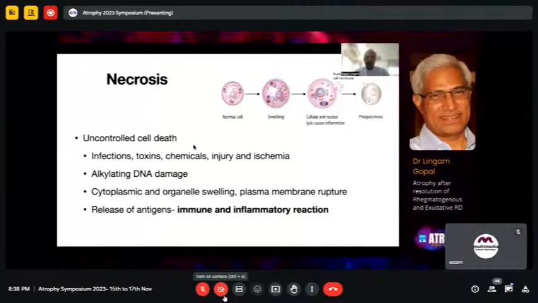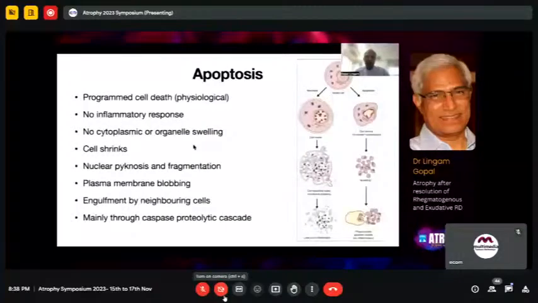This releases antigens, triggering immune and inflammatory reaction. In contrast, apoptosis is a programmed cell death wherein there is no inflammatory response, there is no swelling of the cytoplasm or organelles. The cell in fact shrinks and is ultimately removed by neighboring cells. The caspase proteolytic cascade is important in triggering apoptosis.